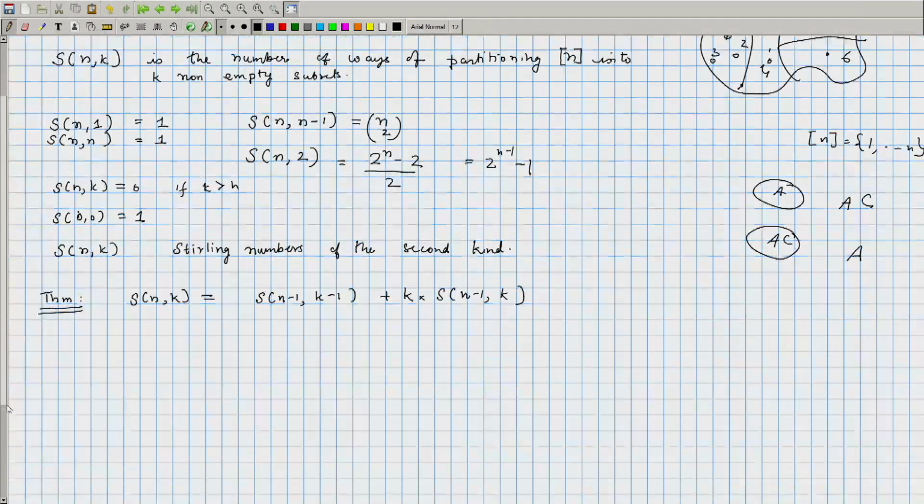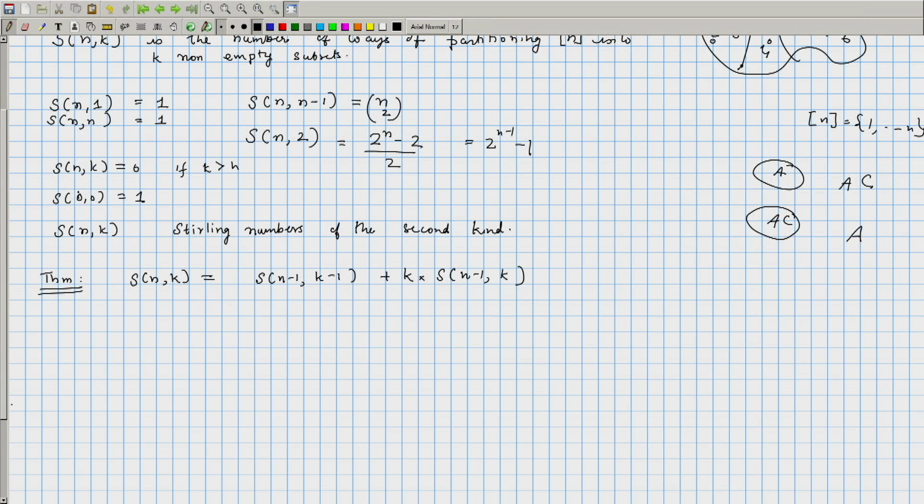Okay. So, let us try to do that. So, S(n,k) is basically the number of ways of partitioning n into k parts.